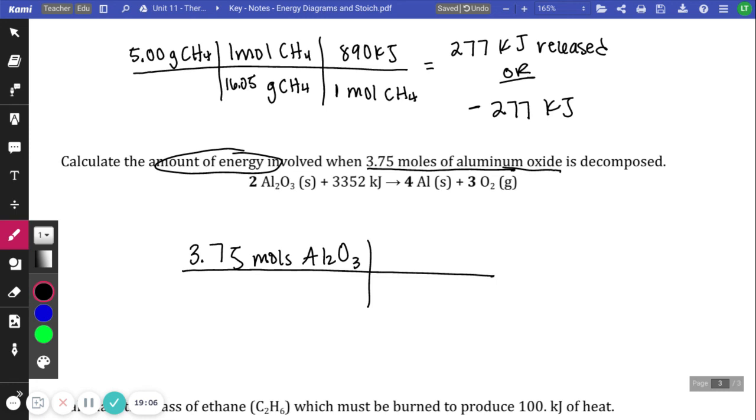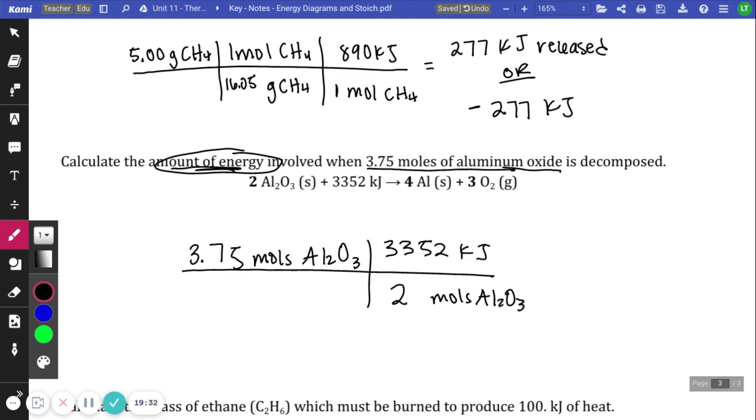Moles of aluminum oxide is not what we want, so we're going to drop it low. And then since we're looking for energy, we'll do our mole to heat ratio. So for every 2 moles of Al2O3, it's going to require 3,352 kilojoules of energy.